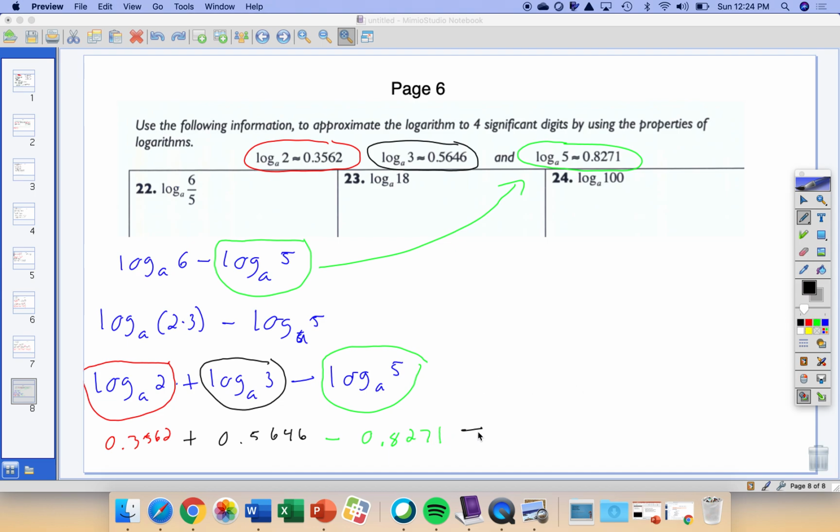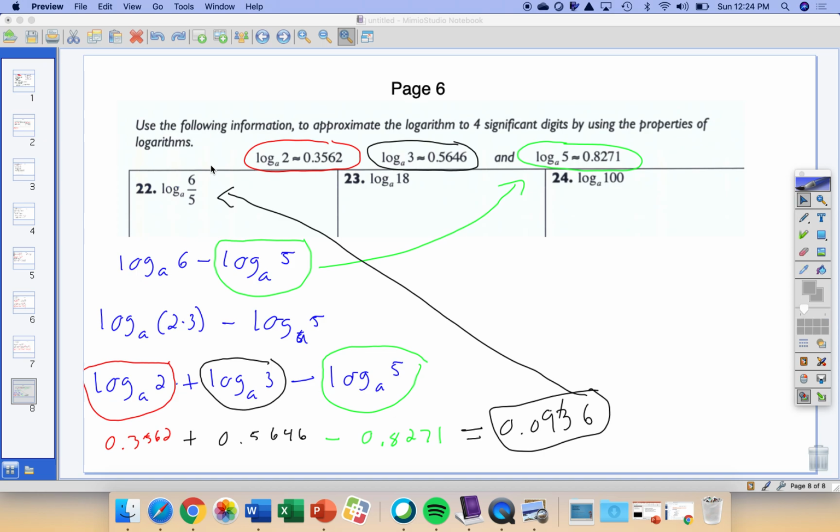So even though we never figured out A, we did figure out that log base A of 6 over 5 is equal to 0.0936. So I was able to expand this to put it in terms of these values so that I can actually find the log base A of 6 over 5.